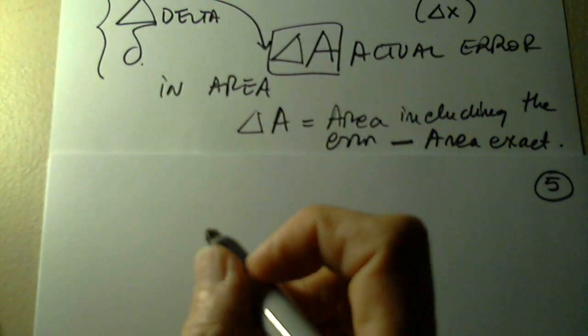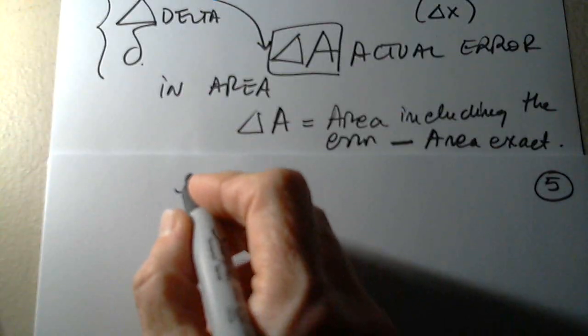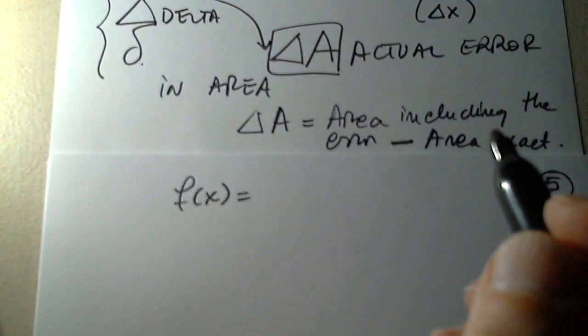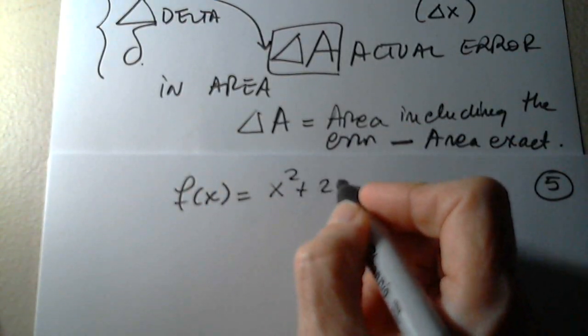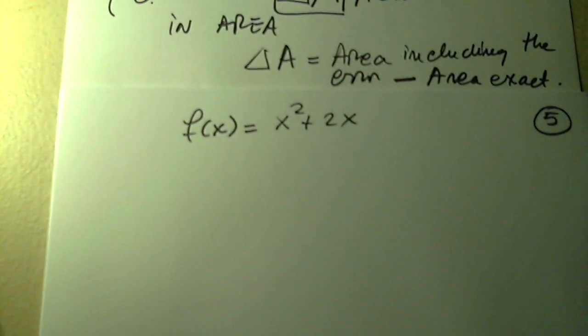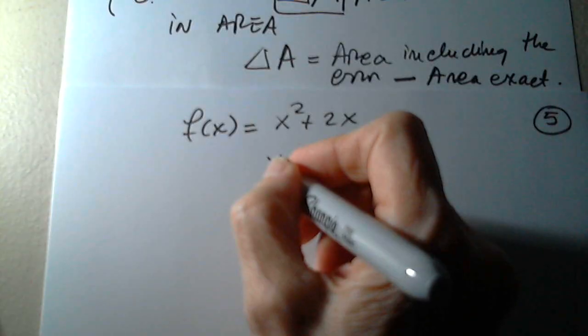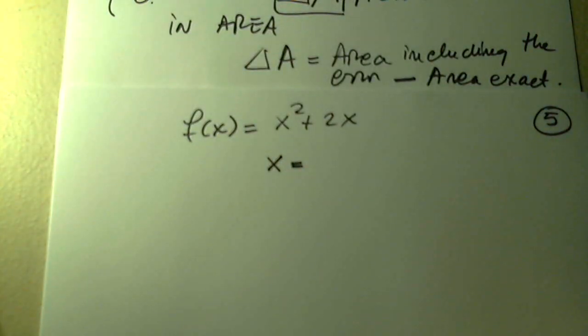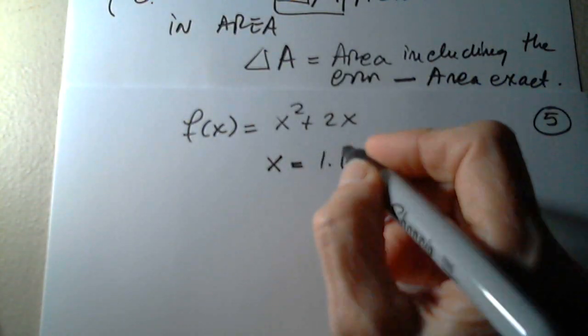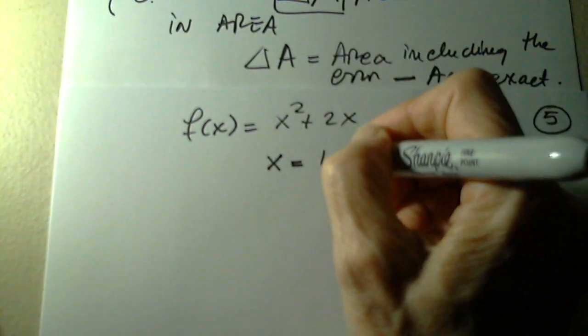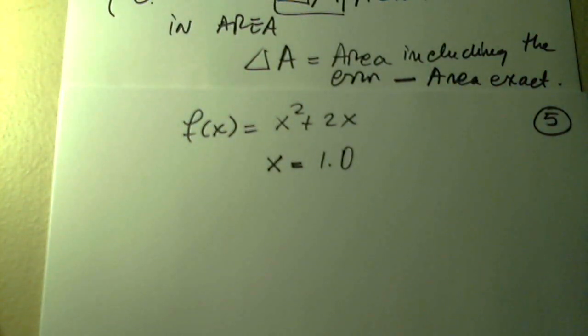Good. So let's suppose I have a function, f of x, let's say x squared plus 2x. Let's suppose that x should be 1, simple, 1.